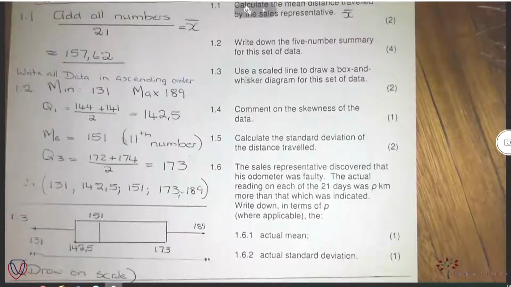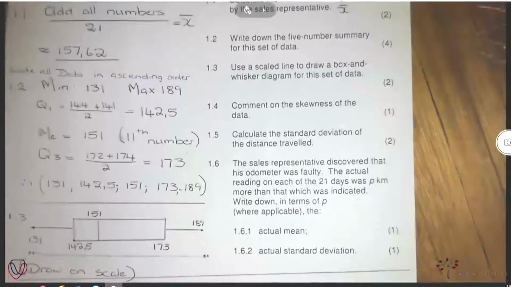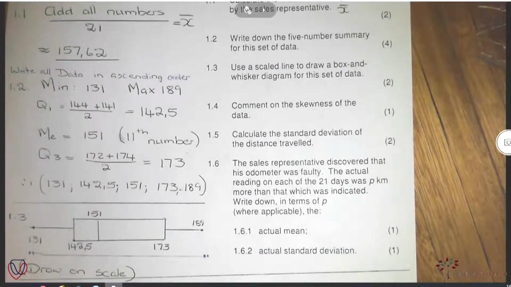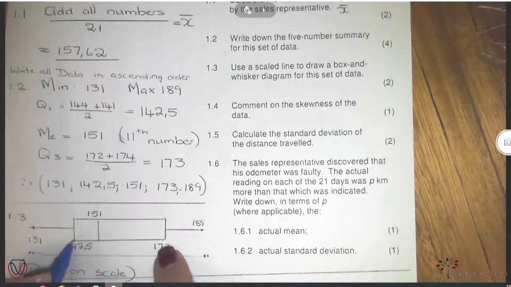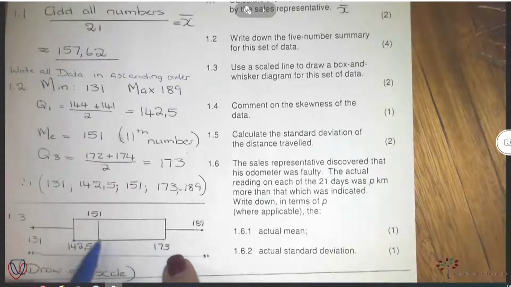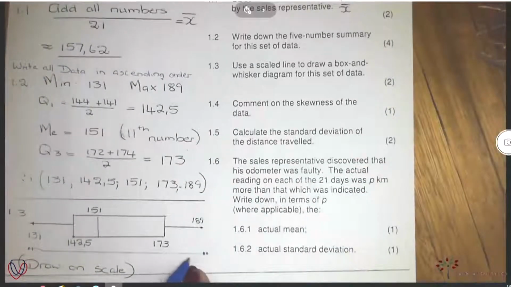But I didn't have enough space, so I just decided to draw this here. If you have the 5-number summary, this is the most difficult part, it's very easy to draw your box and whiskers. So this is your minimum, this is your maximum. This is your median, Q1, Q3. And people, I guessed the distances, but I think my sketch is quite on scale, although I didn't do a scale there.